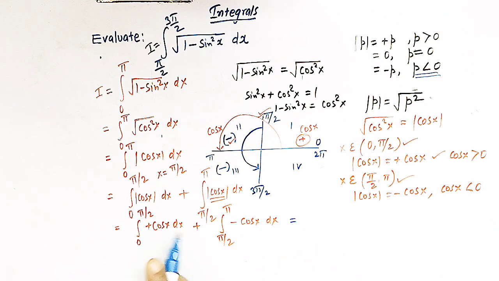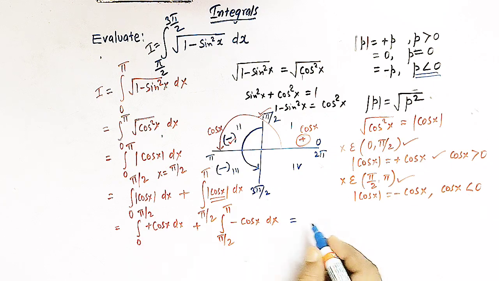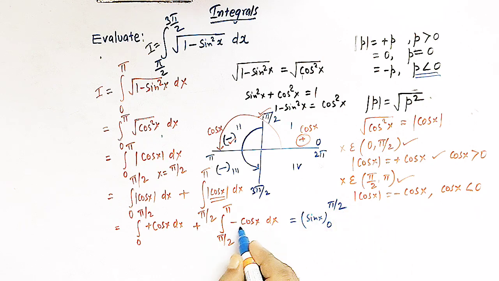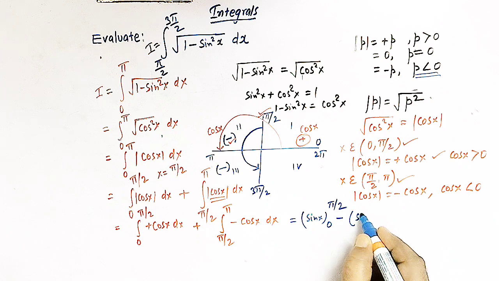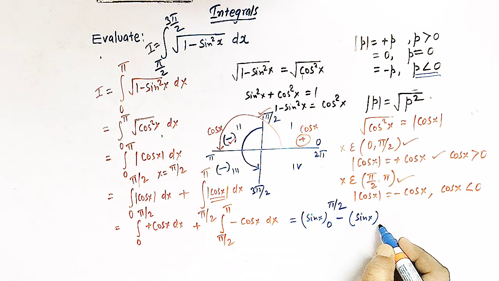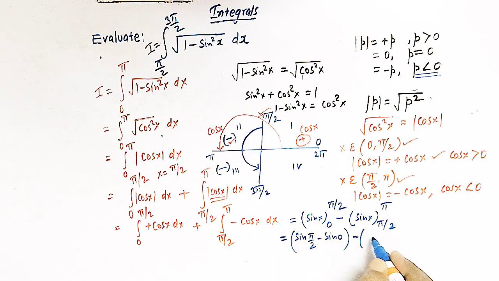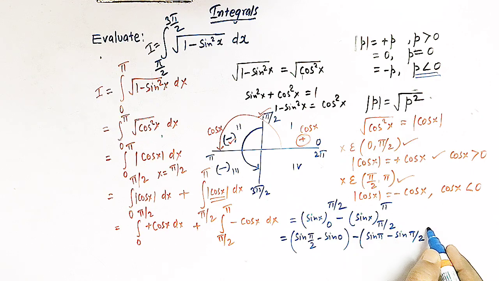So now it is quite easy to solve these two integrals. The integral of cosine x is sine x, with limits from 0 to pi by 2. Here we can take the negative sign outside, and the integral of cosine x is sine x, with limits from pi by 2 to pi, right? Substituting the limits and taking the difference, we have sine pi by 2 minus sine of 0, and here we have sine of pi minus sine of pi by 2.